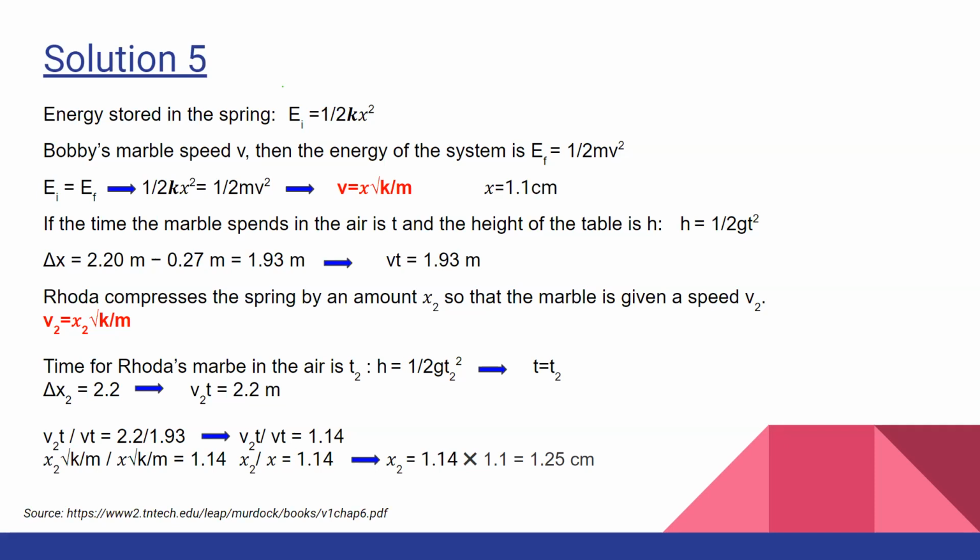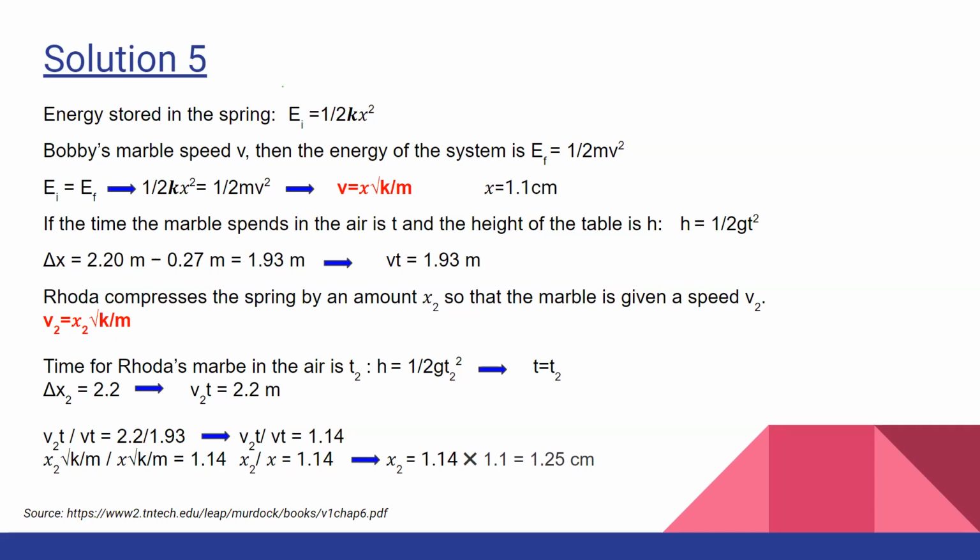And we know this time delta x2 has to equal 2.2. So we set v2 t as delta x, which is equal to 2.2. So we know vt is 1.93 and v2 t is 2.2. If we divide, the t's cancel, and we have a ratio of v2 over v, which is 1.14.